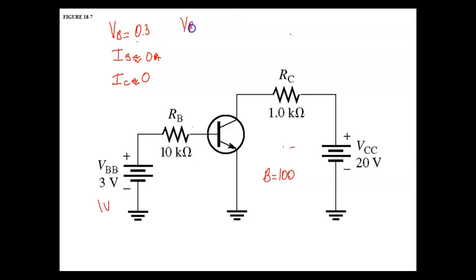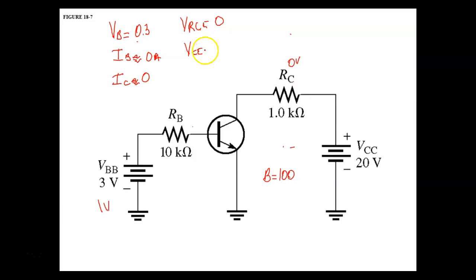So what's VRC going to be? Zero. So what's VCE going to be? If this guy's dropping 0 volts, I have 20 volts applied. That guy's dropping 0 volts. It's going to be approximately that. How much voltage is left over for the transistor?